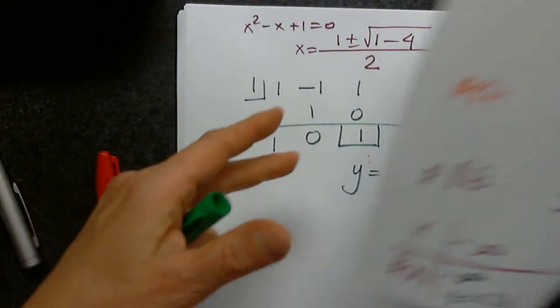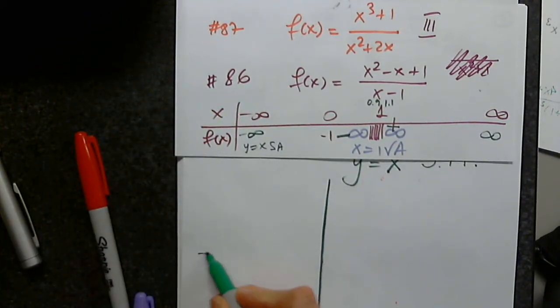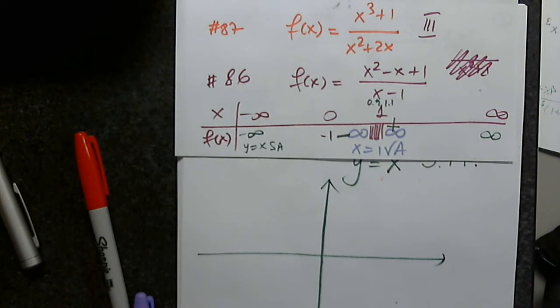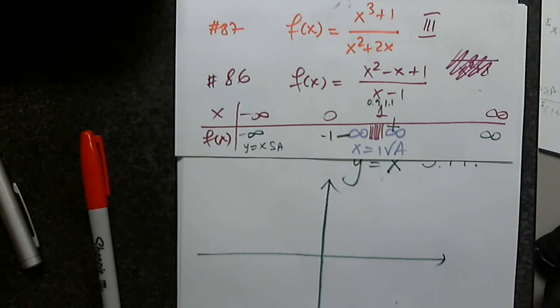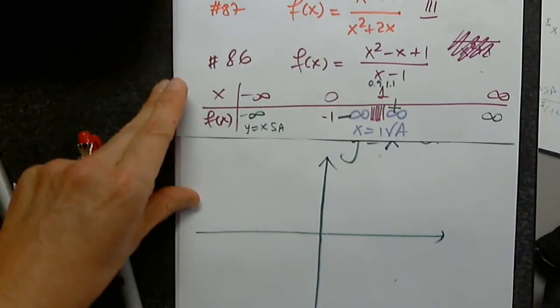I took my chart away. I can't do anything without it. Okay. When I graph a function with asymptotes, what do I have to graph first? How many asymptotes does this function have? 2. So the first one is?